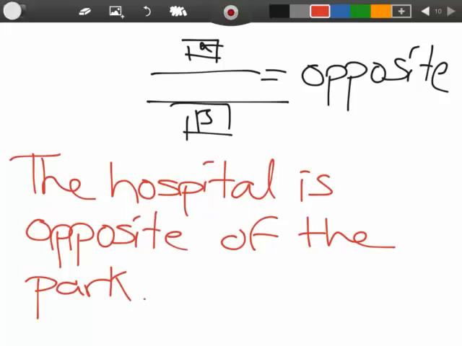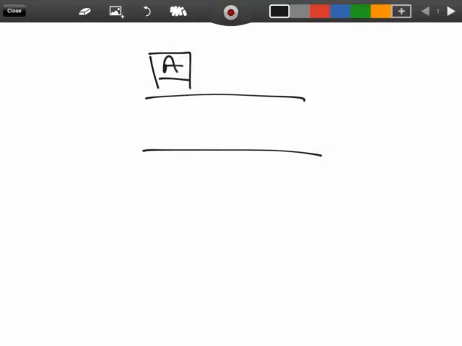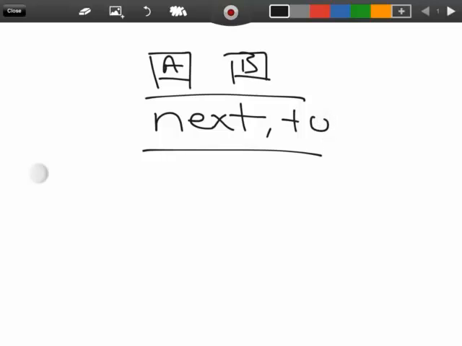Now, moving on to our next part. I gave you a figure like this, as I recall, and this was next to.